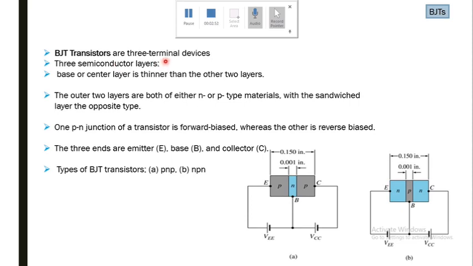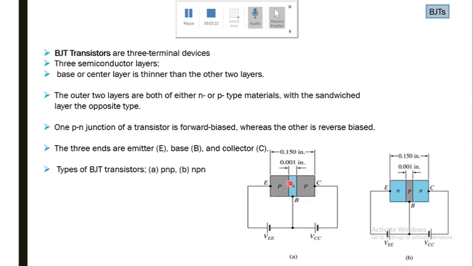BJT transistors are three-terminal devices. There are three layers of semiconductor material, and we call them emitter, base, and collector. The base is the layer in the center of the two other layers, which we call emitter and collector.